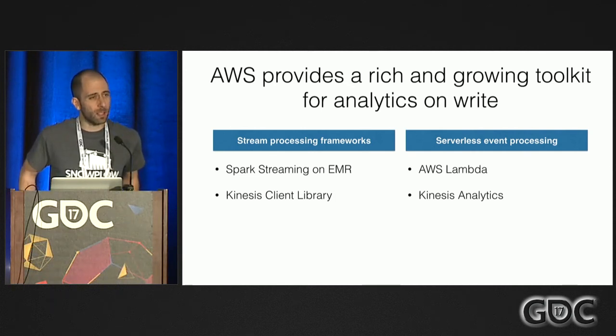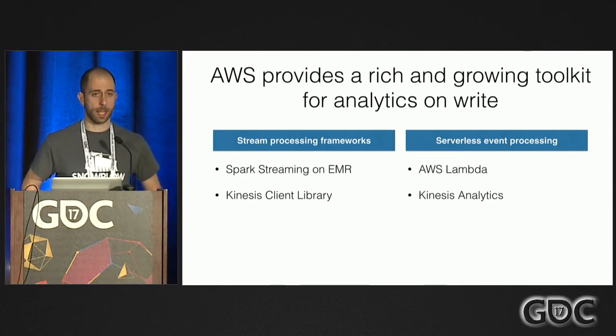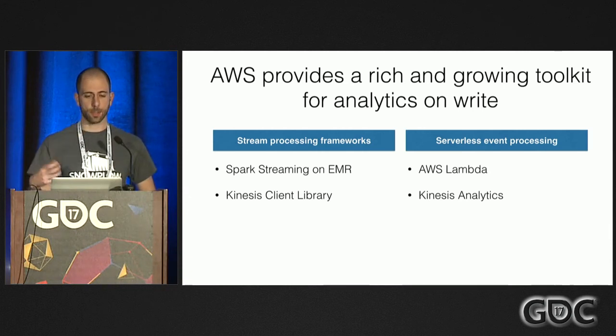But perhaps the most exciting things from AWS in terms of real-time data processing are their serverless event processing solutions. So I've talked a lot about AWS Lambda, this service that lets you just define functions that can run on streams, and then AWS takes all the hassle out of instrumenting them and scaling them up and down with changes to your event volumes.